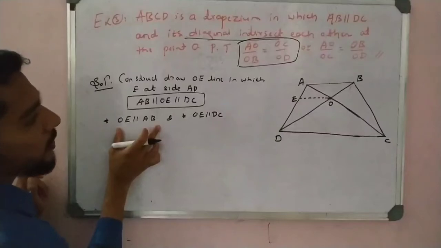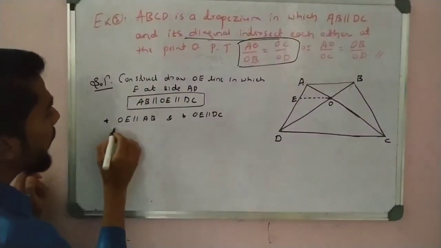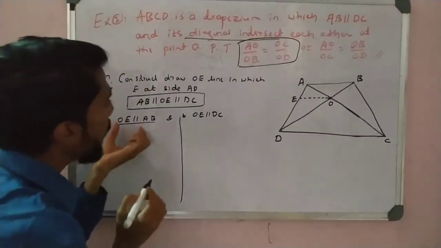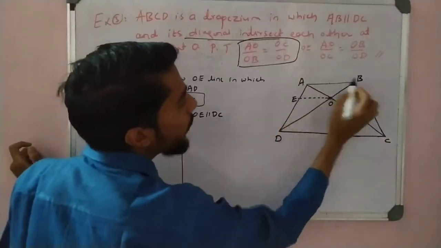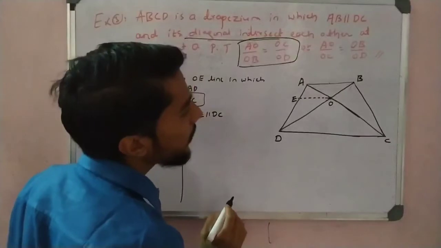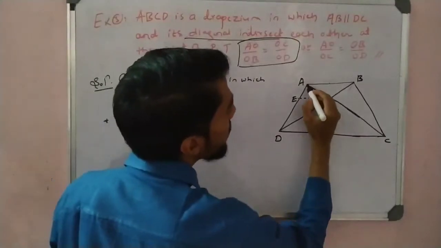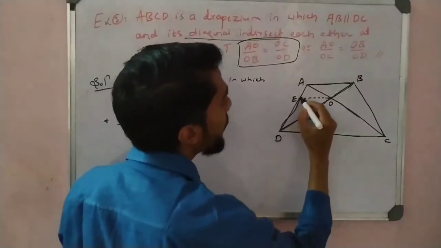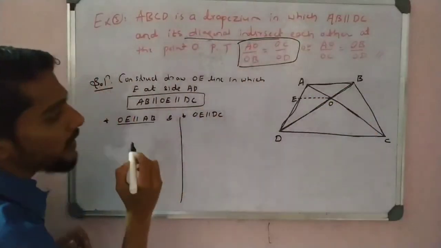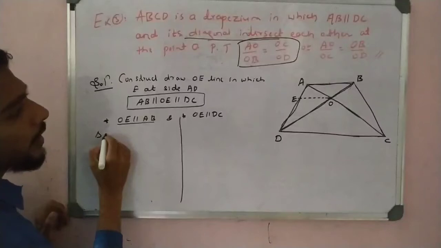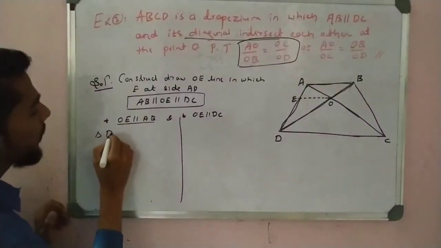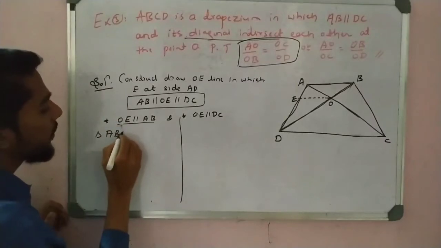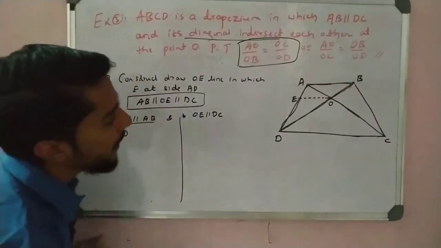If I take this one first, what happened in this case? I can draw it like that. If OE is parallel to AB, what is the triangle here? This is the triangle I selected. Why? Because for AB we require a base. So the triangle is ABD.